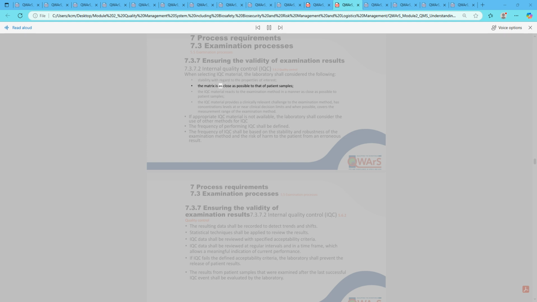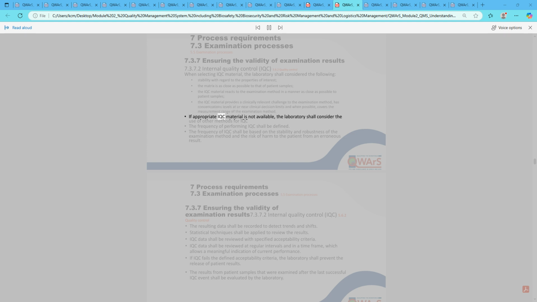The matrix is as close as possible to that of patient samples. The IQC material reacts to the examination method in a manner as close as possible to patient samples. The IQC material provides a clinically relevant challenge to the examination method, has concentration levels at or near clinical decision limits, and, when possible, covers the measurement range of the examination method.